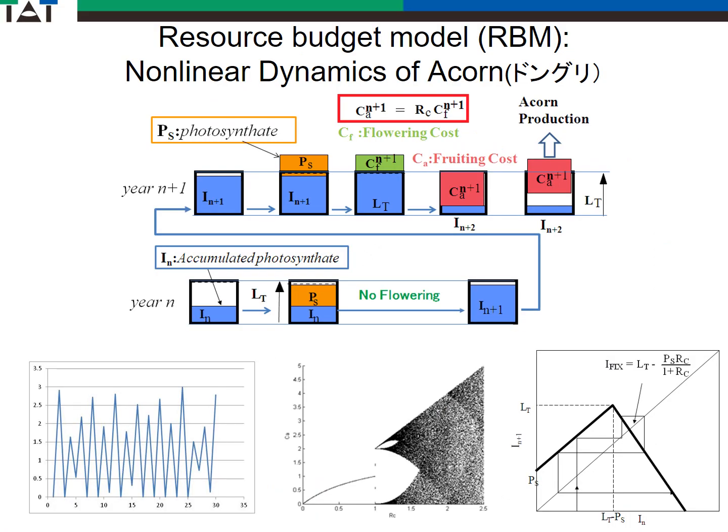This is the resource budget model for the alternate bearing or the masting of the tree crop, the acorn, and blue parts. Each tree, individual tree has some bucket to store some material accumulated photosynthesized is initial idea.